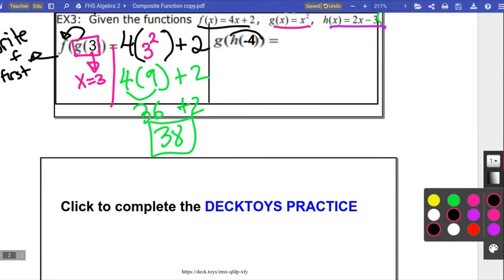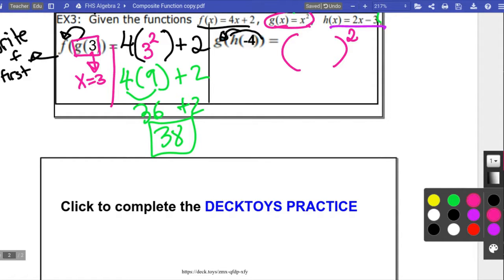All right, so the h got to go in g. Let's do this thing. What color was g? This color. So g, you open it up. That's g, right?